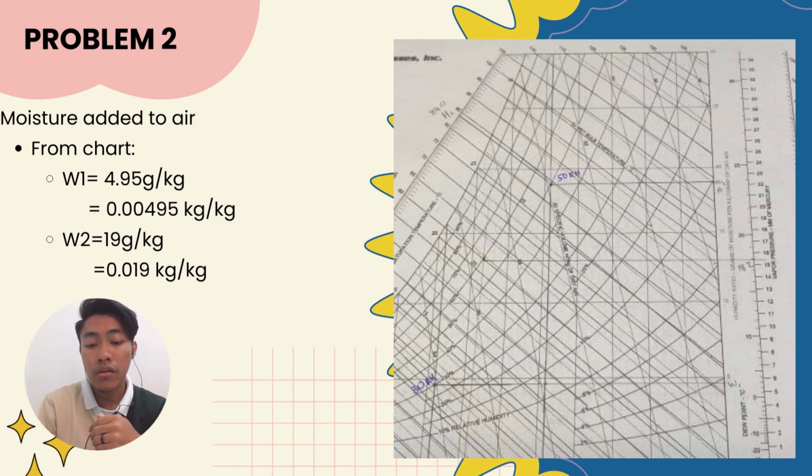W1 is 0.00495 kilogram per kilogram and W2 is 0.019 kilogram per kilogram. We use the equation W2 minus W1, and the final answer is 0.01405 kilogram per kilogram.